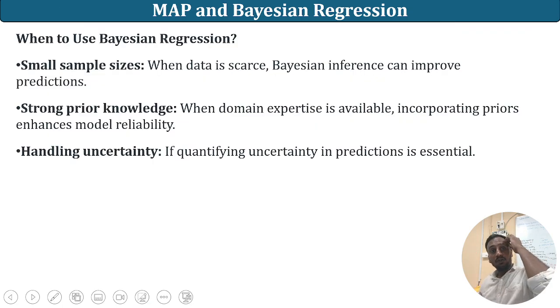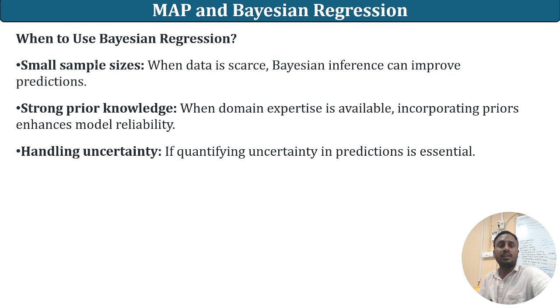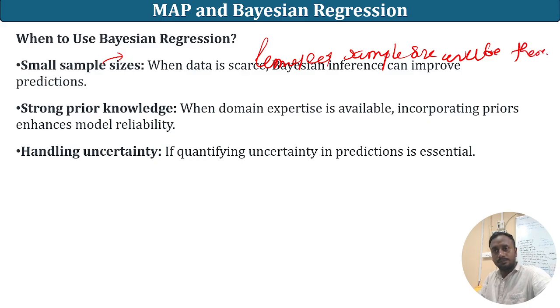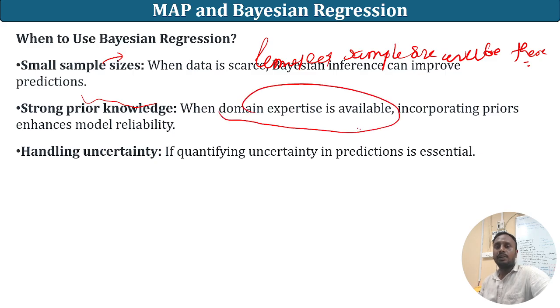So when to use Bayesian regression? When we have a limited sample size. When we have strong prior knowledge, for example a domain expert is already available, incorporating the prior enhances model reliability and handles the uncertainty also.